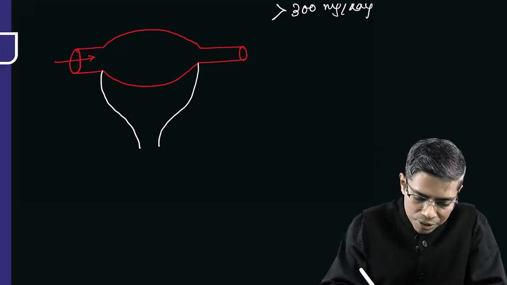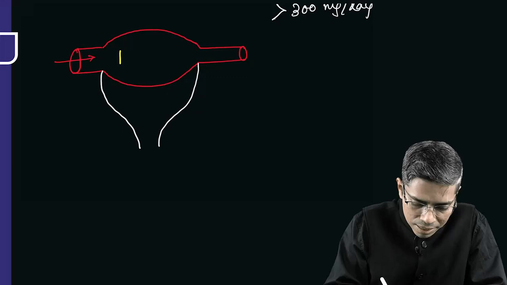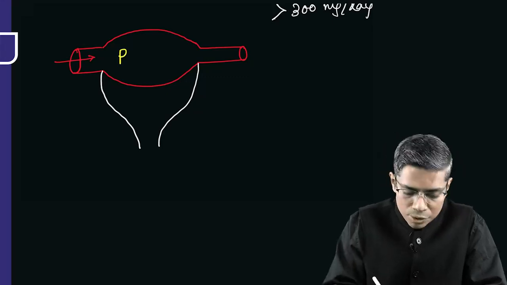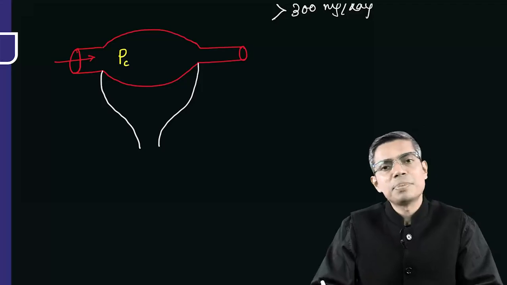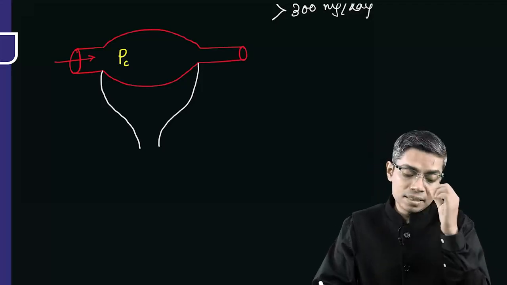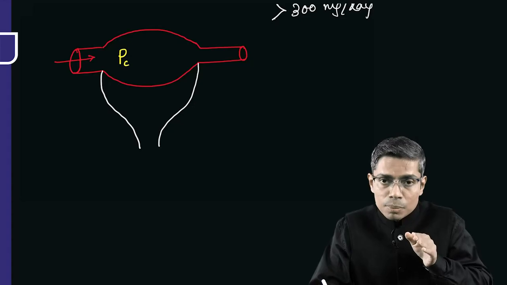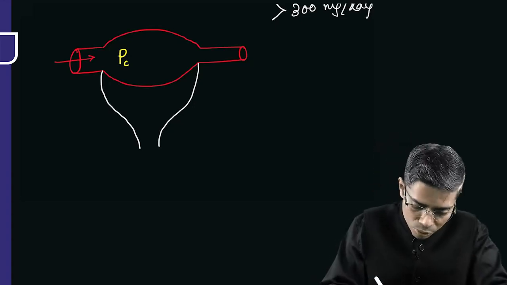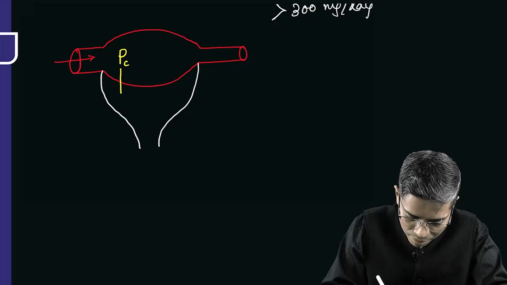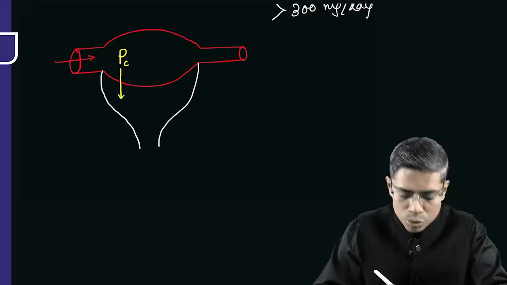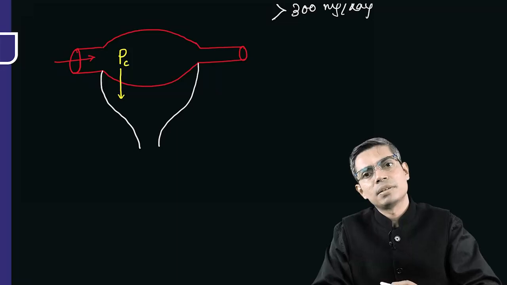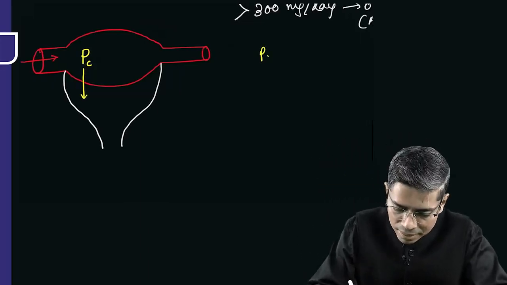The hydrostatic pressure is denoted by the letter P. The hydrostatic pressure of the capillary is Pc. Always remember that this hydrostatic pressure is a kind of pushing force, meaning it will try to push the fluid from this capillary compartment towards the Bowman's capsule compartment.